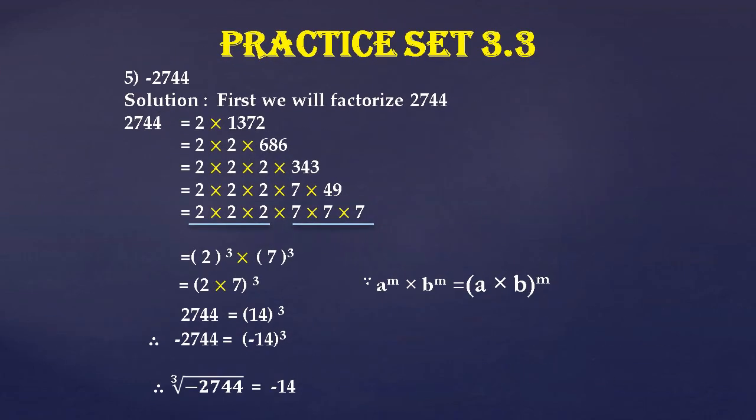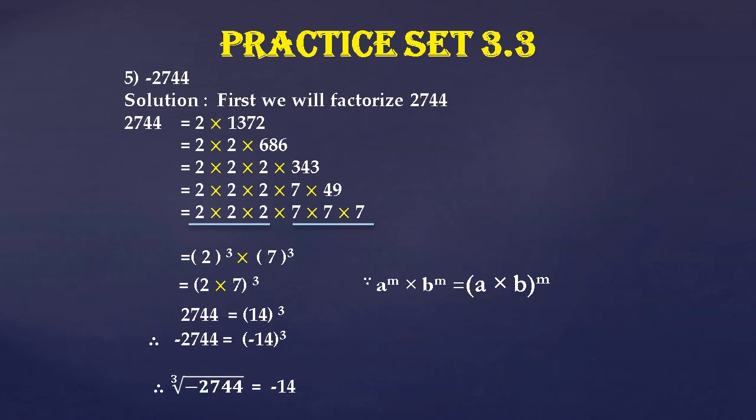Question number 5. Find the cube root of minus 2744. Solution. First we will factorize 2744. Therefore, 2744 is equal to 2 into 1372, which is equal to 2 into 686.